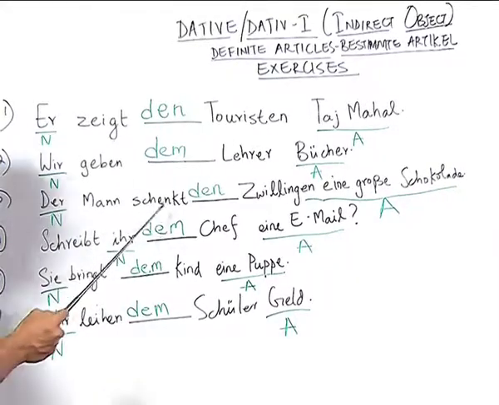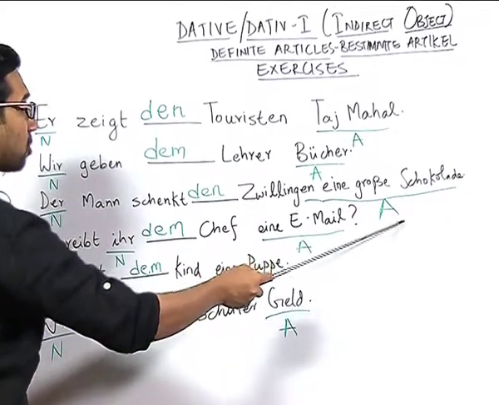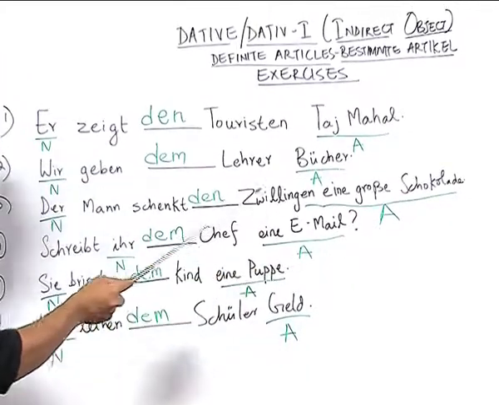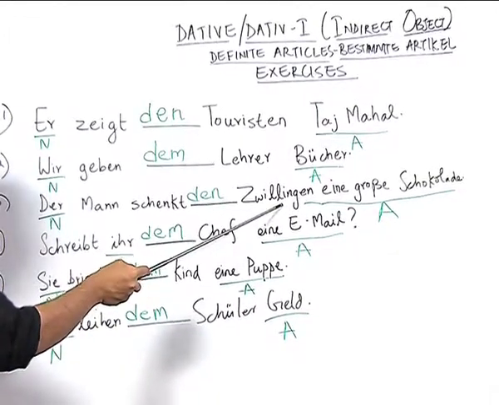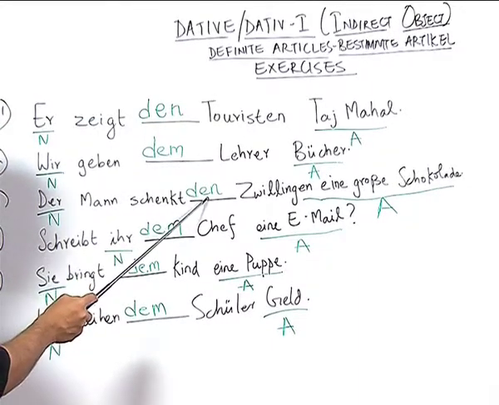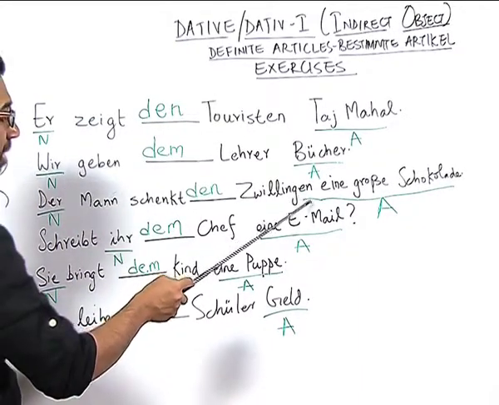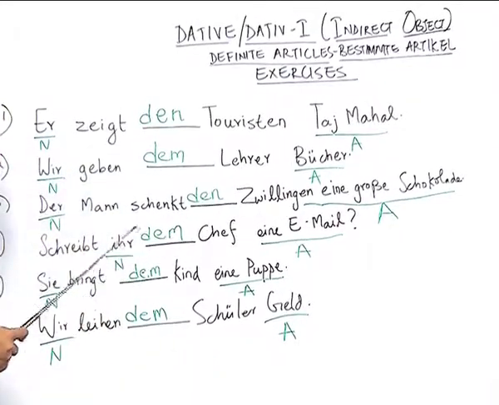What does the man gift? A big chocolate, eine große Schokolade, which becomes the accusative. To whom? That means the twins in German, or Zwillingen, and the article for plural is den in dative, and the student has also marked the ending n, which is for the dative plural marker.